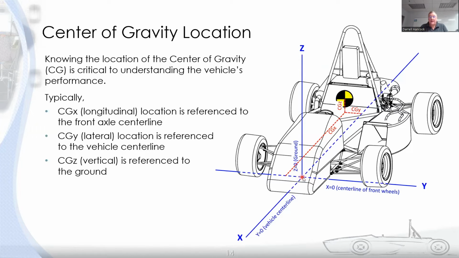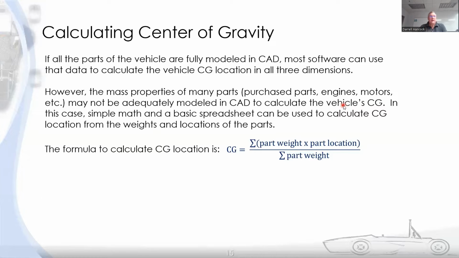So your origin is right down here, the center of the car, the center of the front tires at the ground. And then we talk about the x location, the y location, and the z location of the center of gravity. And those are all important things to know for any analysis or modeling or simulation you're going to do on your vehicle. That's going to be a key input to your model or your analysis.